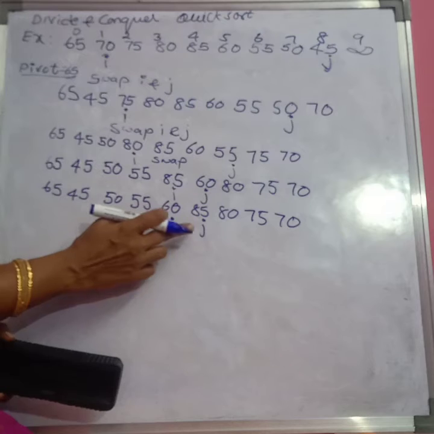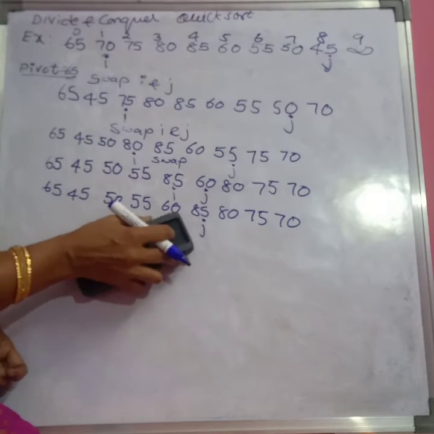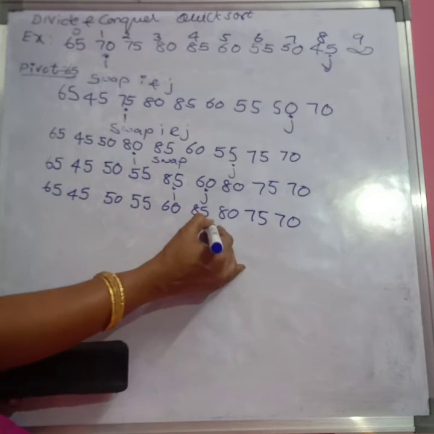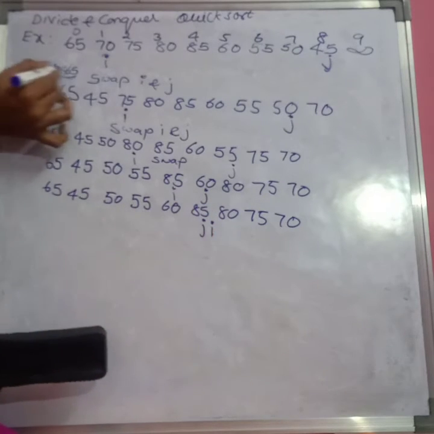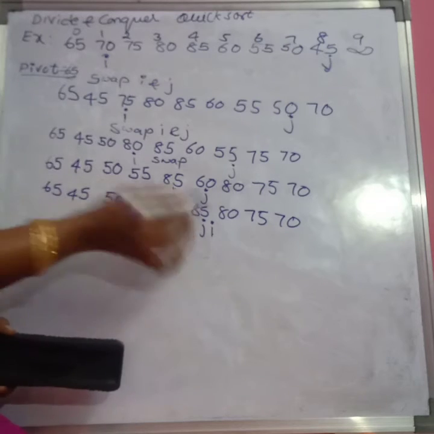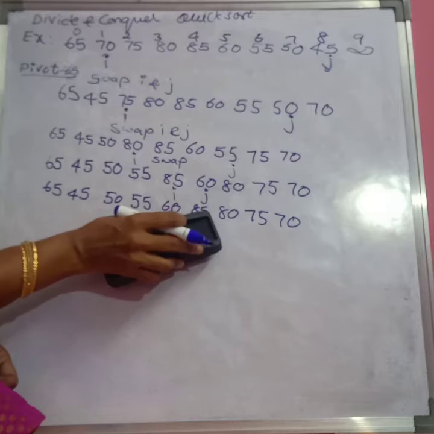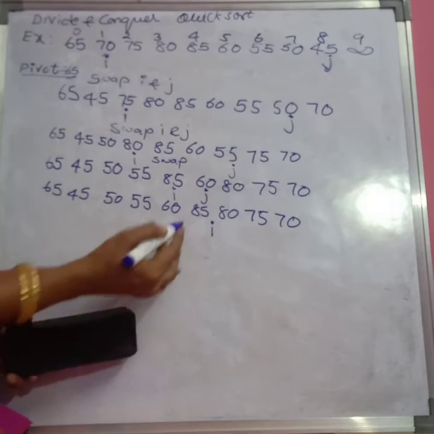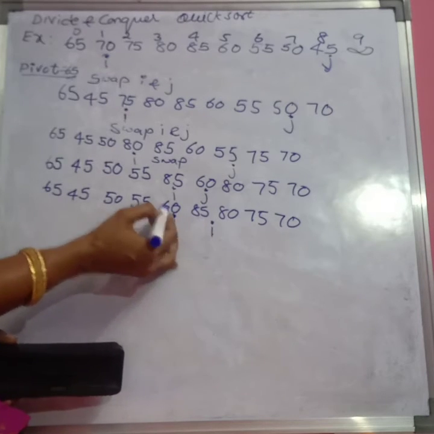Increment the i till you get an element more than the pivot element. By incrementing, here only I got this value, which is more than the pivot element. So I stopped incrementing. Again go for j, decrementing till you get an element value which is less than the pivot. So here itself I got, by decrementing j, the element value which is less than the pivot element.